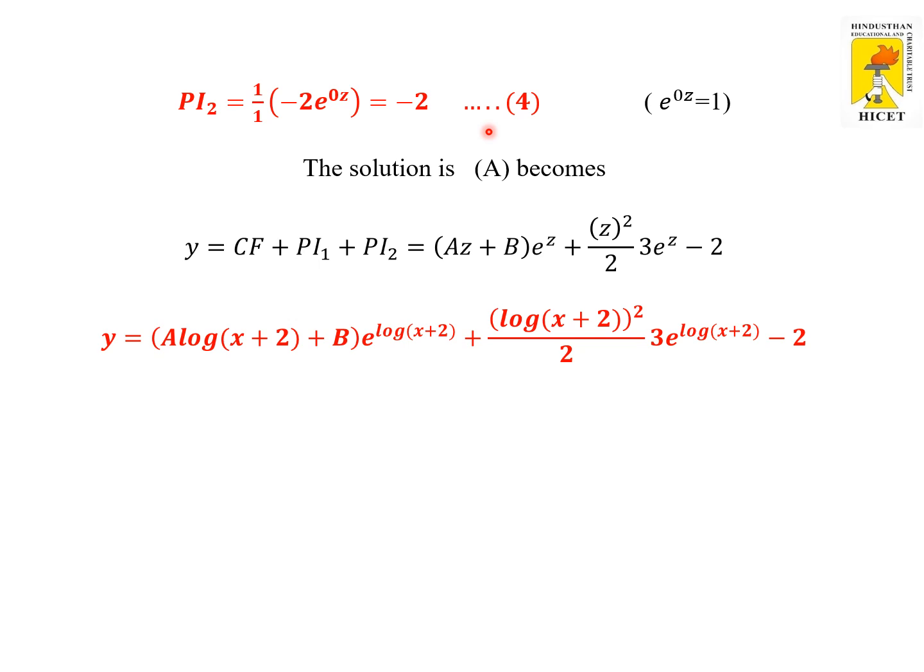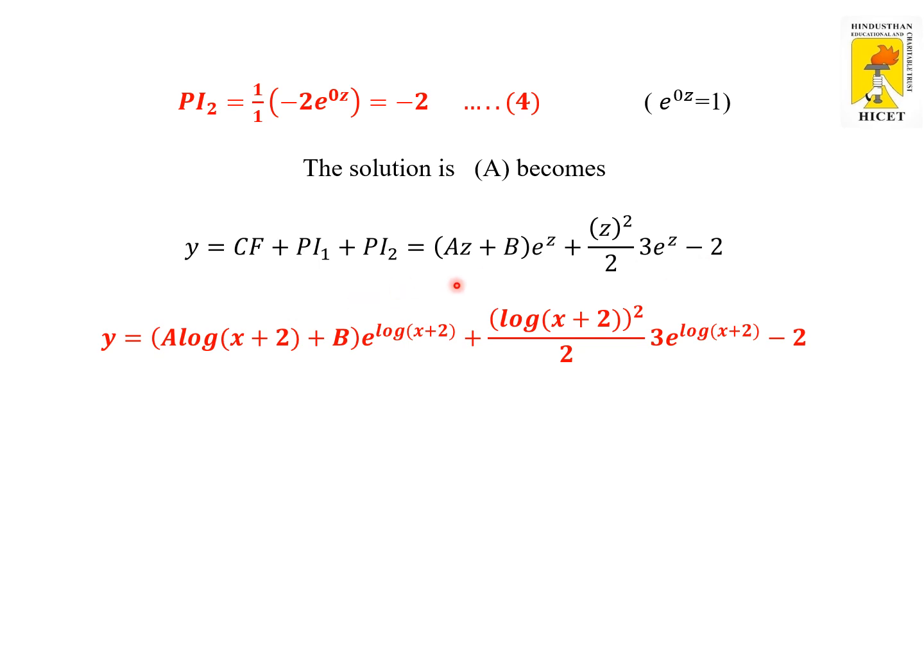Now substituting equations 1, 2, 3, 4 in the solution set A, we get y equal to CF plus PI1 plus PI2. That is (az plus b) into e power z plus z squared by 2 into 3 e power z minus 2.